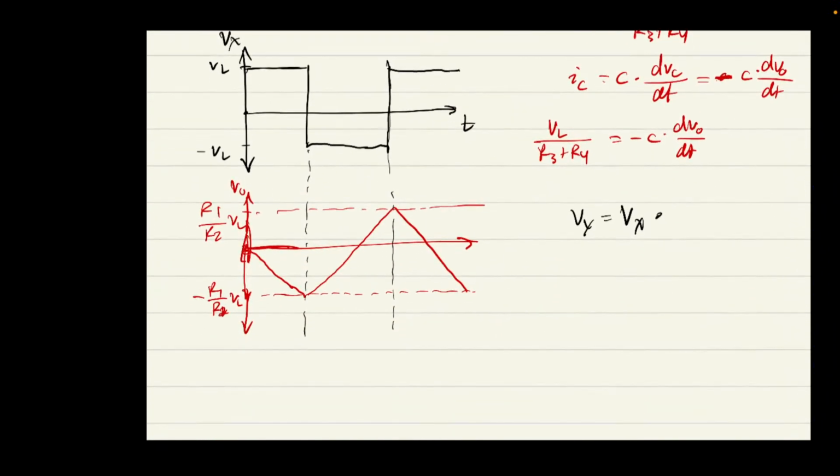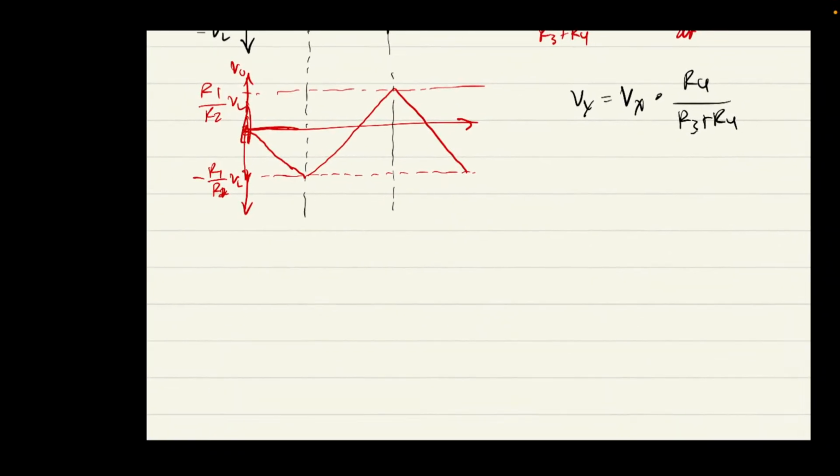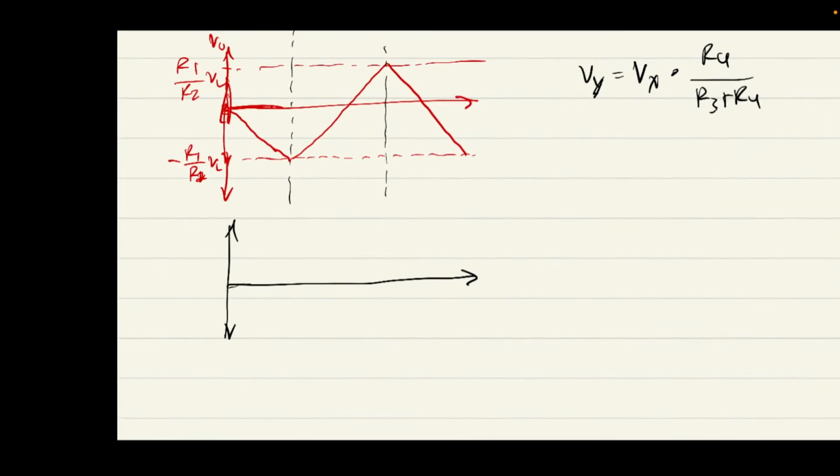So it's Vx times R4 on R3 plus R4, right? So the waveform for Vy is going to be the exact same, but multiplied by a constant factor.